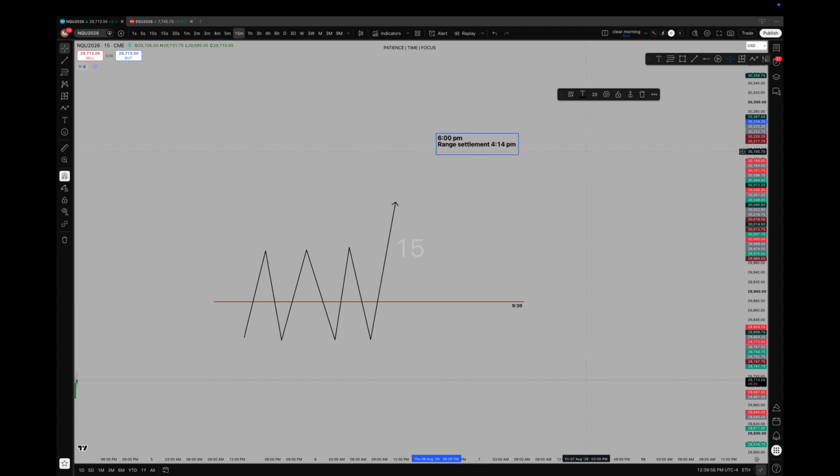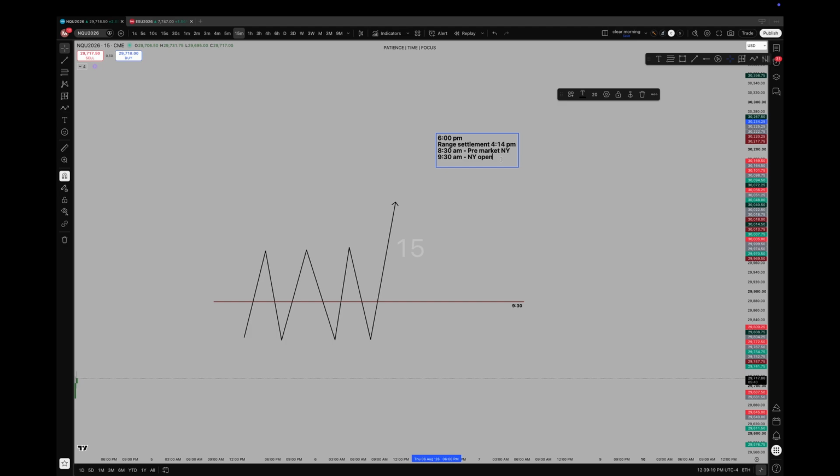Then you have 8:30 a.m., which is the pre-market open for New York. You have your 9:30 a.m., which is your New York open. And those are just the simple ones.